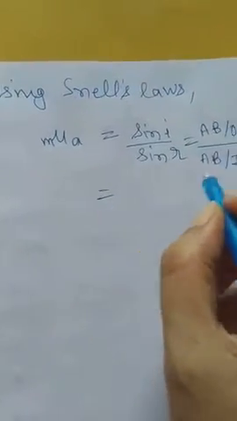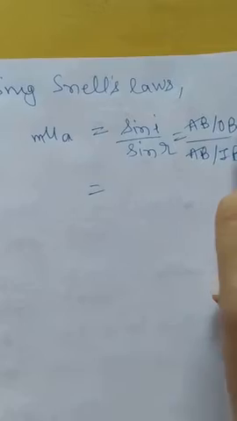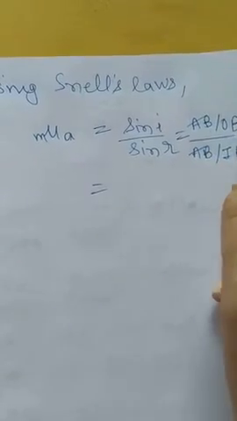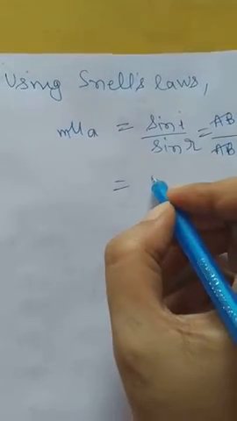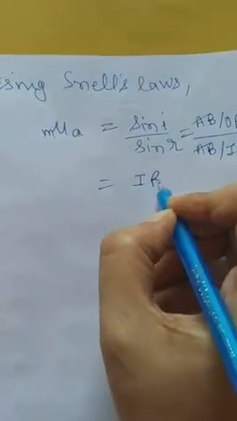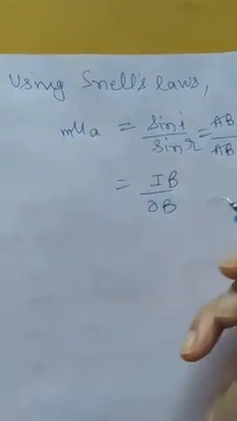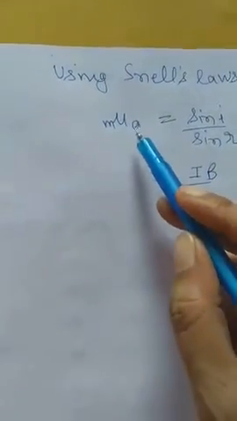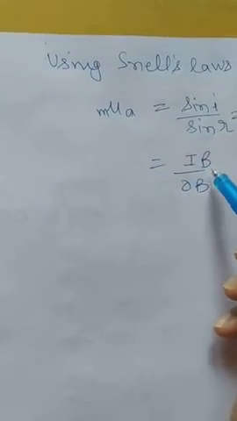So AB and AB will cancel out, IB will go in the numerator, OB will come in the denominator. So this will become equal to IB upon OB.